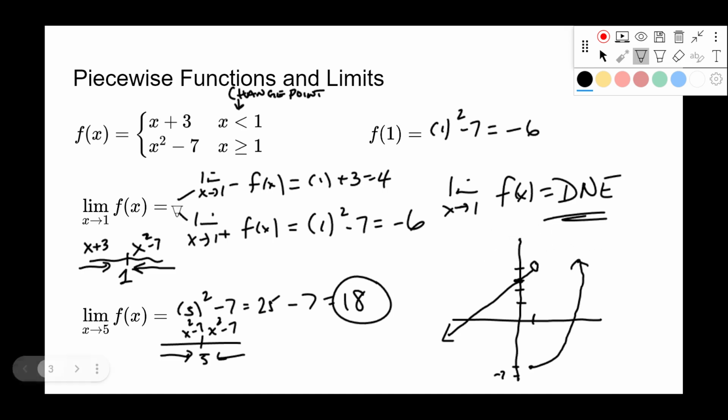So you can see, as x goes to 1 from the left and from the right, I don't go to the same place. But as x goes to 5, well, 5's over here somewhere. As x goes from the left and from the right, I'm on the parabola, no matter what. So I don't have to worry about splitting it up and doing it in separate limits.